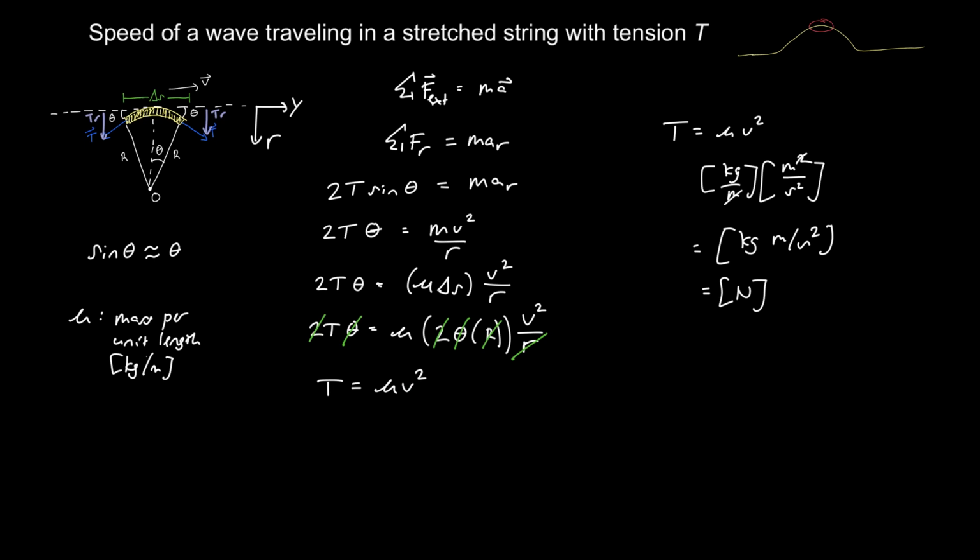Okay, so this is our expression, and again, we want to derive an expression for the speed of the wave. So all we have to do is rearrange this equation. So the speed of the wave, v, through a stretched spring with tension T, is equal to the square root of the tension divided by the mass per unit length, or what you might call the linear density of the string.